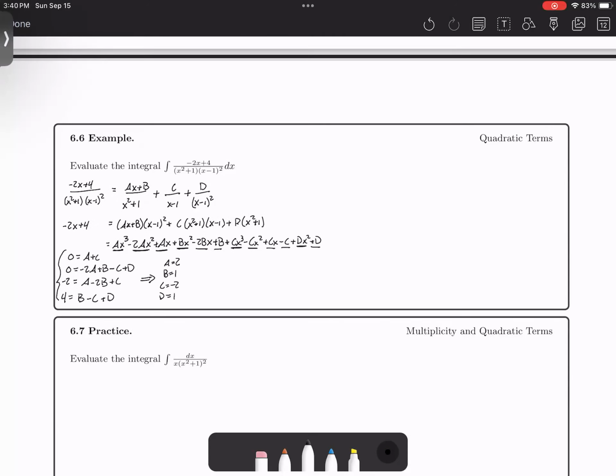So this integral becomes the integral of ax plus b, so 2x plus 1 over x squared plus 1, and we have plus c, but c is minus 2, so it'll be minus integral of 1 over x minus 1, and plus integral of d, which is equal to 1, so 1 over x minus 1 squared.